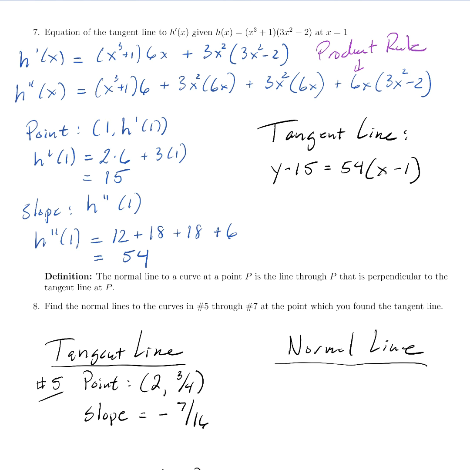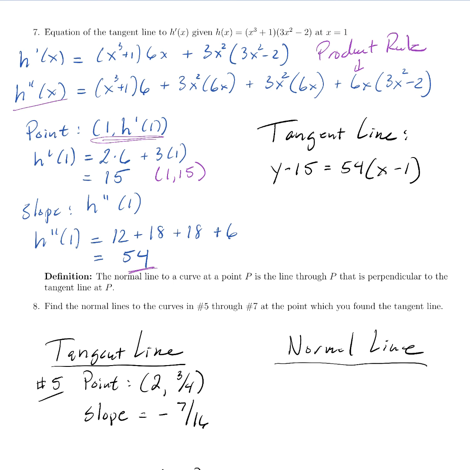Now, the point on our line is 1 comma h prime of 1. H prime of 1 is 15, so our point is (1, 15). The slope is going to come from the second derivative evaluated at 1. When we evaluate that second derivative at 1, we get 12 plus 18 plus 18 plus 6, which is 54.